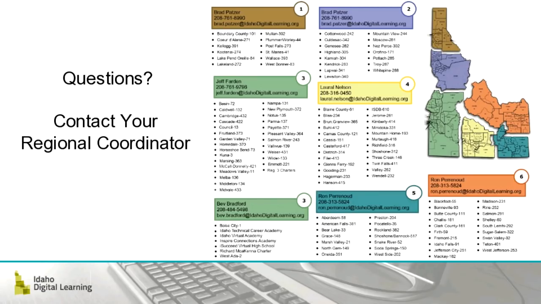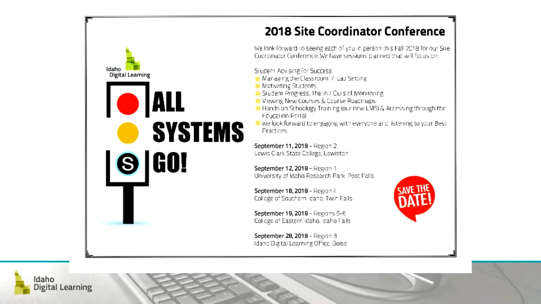Just a quick little announcement, I think on the next slide, for all of those of you who are interested in additional information about our face-to-face site coordinator conference that will be happening in the fall during the month of September. This information will be posted on our website by next week. If you haven't received the information already, Region 2 will be hosted in Lewiston on the 11th of September, Region 1 is going to be held in Post Falls on September 12th.